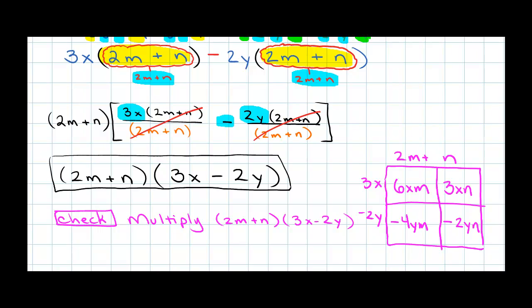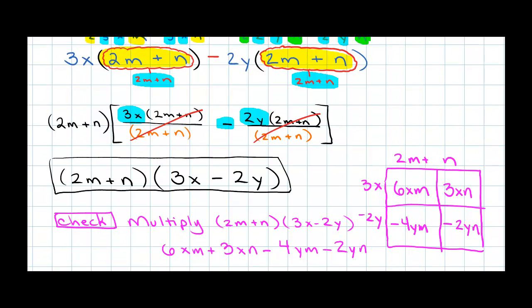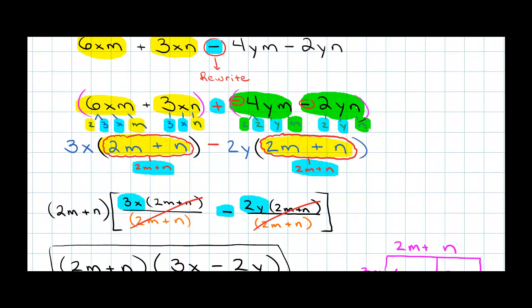And if we notice here, we see all four terms of the original polynomial that we were given. That tells us that we definitely got the correct answer.